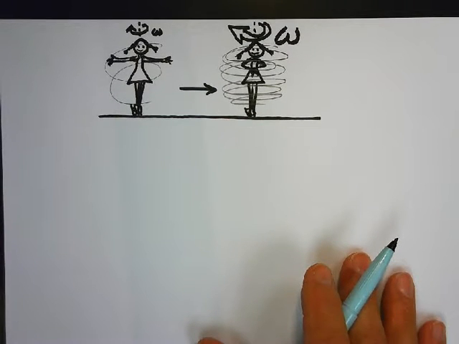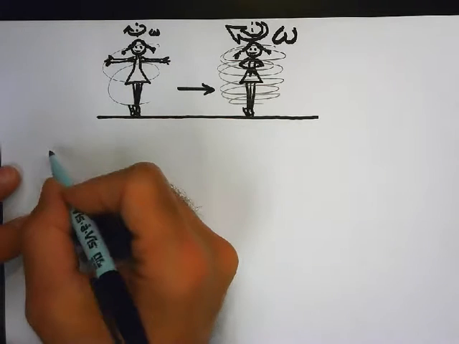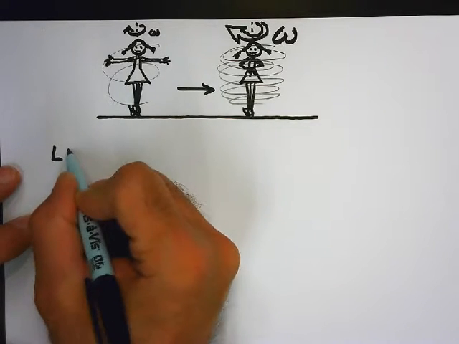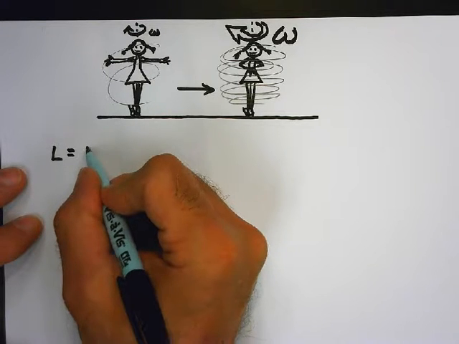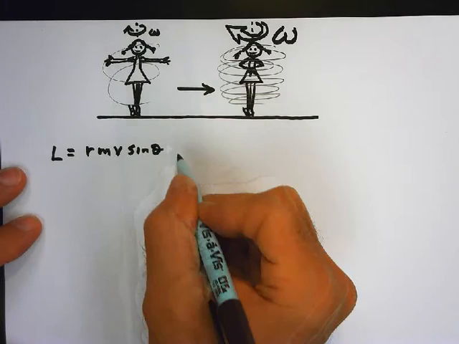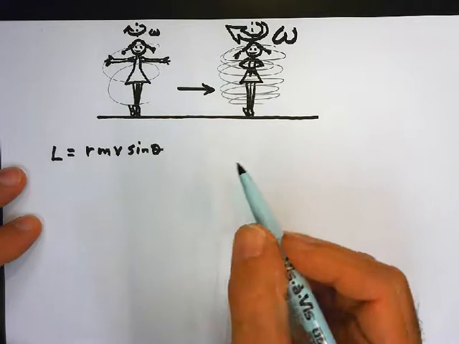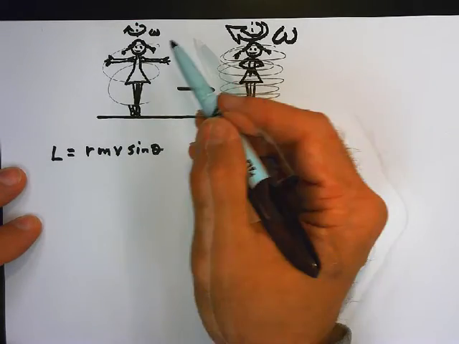So if we think back to the equation for angular momentum, which was r times m times v times the sine of the angle between, that would work really well for a single point mass.